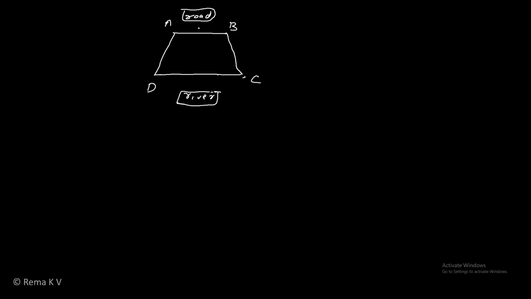So if this side is A, what will be the measure of this side CD? It is given that these two are parallel and this side is twice AB. So if the measure of this side is A, what will be the measure of this side?